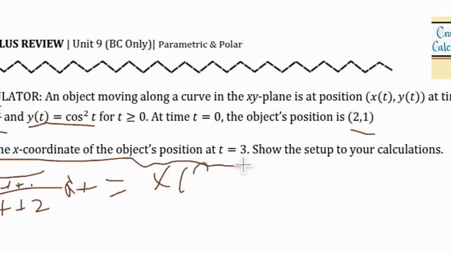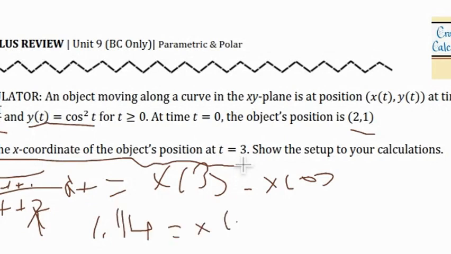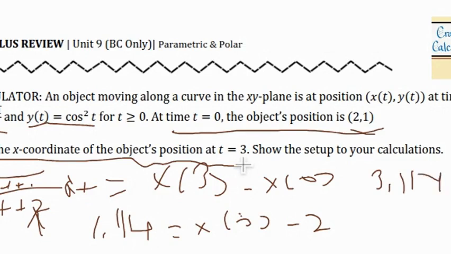Once you plug this into the calculator, you get 1.114 equals x of 3 minus 2, because we know that x of 0 equals 2 from this part of the problem. Then we get 3.114 equals x of 3. So that's our first question done.